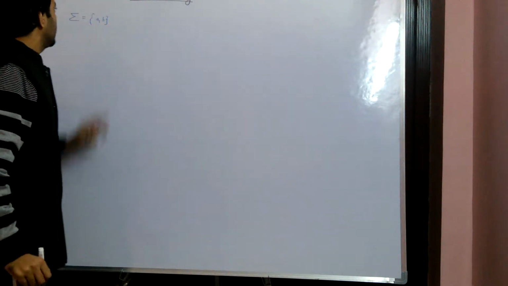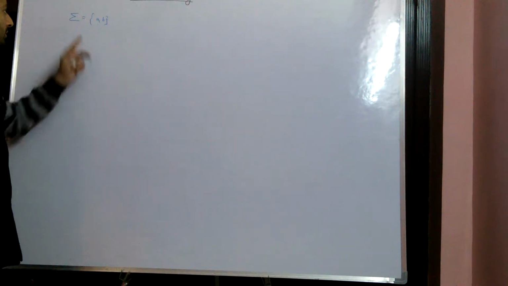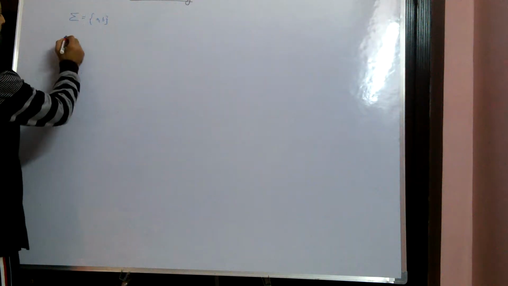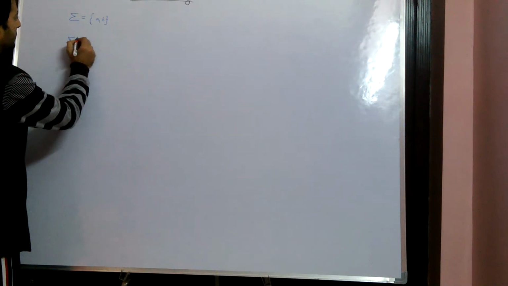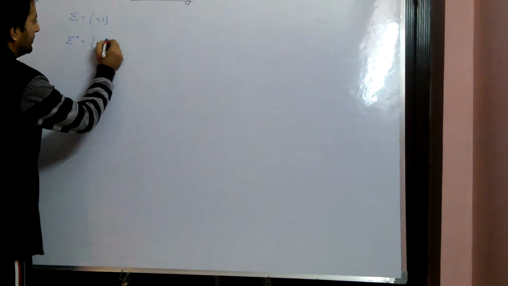For each string we have its length. Suppose we have the strings of length 0, so there is a special symbol.